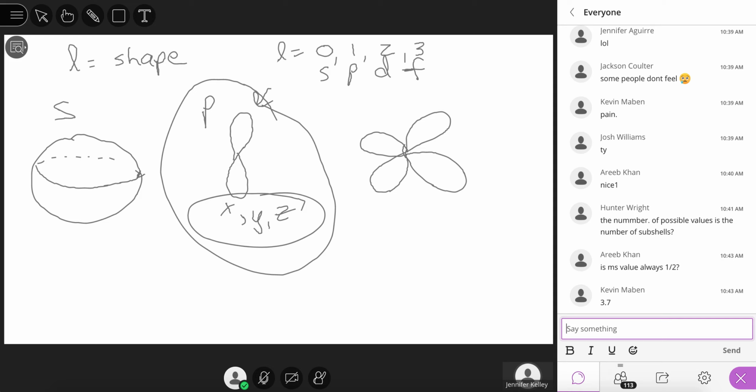And then you've got one that's a little strange, an X squared minus Y squared. And then you have a Z squared. Z squared doesn't look like a 4-leaf clover. Z squared looks like a figure 8 with a donut around it. So this is a D, and the other Ds look like this. 4 of them look like this, and 1 of them looks like that.